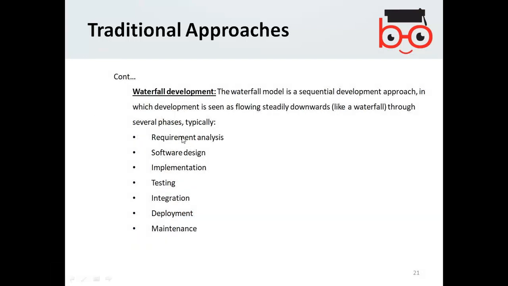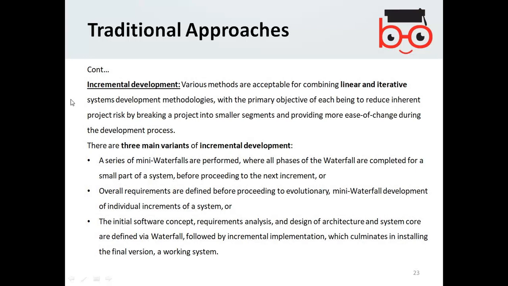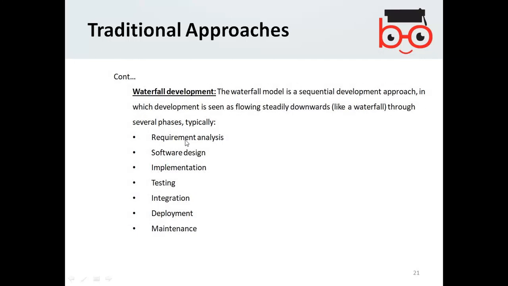The waterfall allows you to go through step by step, but once every step is complete, while in the incremental one, you keep on going with mini waterfalls. It means you did a 10% requirement analysis, 10% design, 10% implementation, 10% testing, and then you can restart from the requirement analysis for another 10%, and then another 10% design, another 10% implementation.